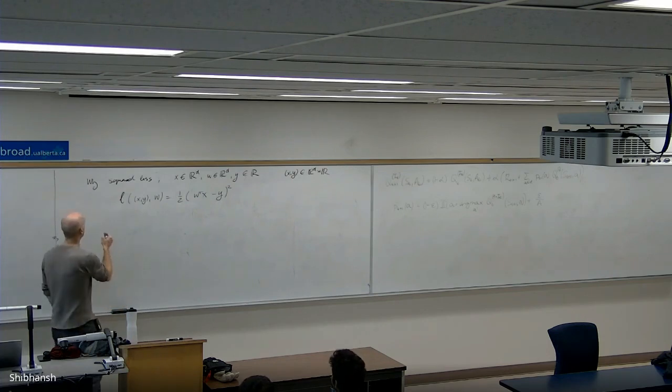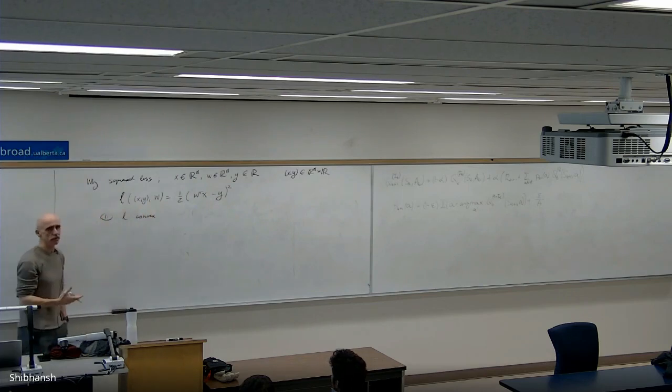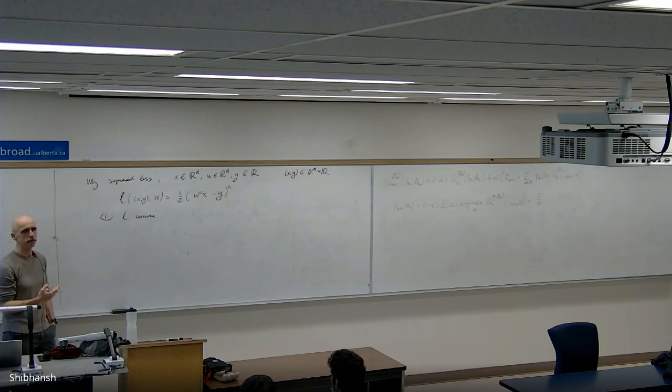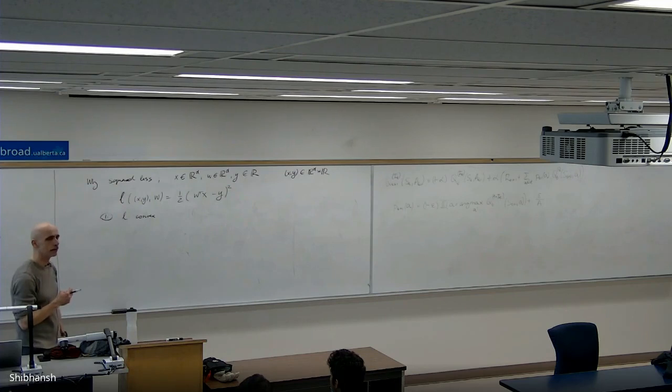And so why square loss? So one was that L is convex. So L has many arguments. So which argument are we talking about when we say it's convex? So that's the implication of convexity.